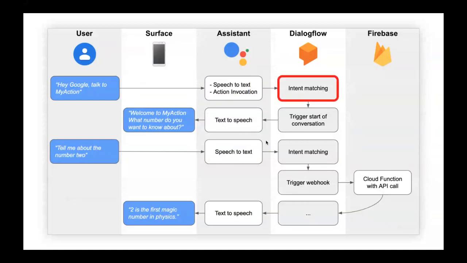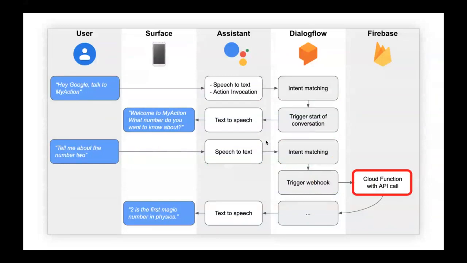This agent triggers the start of the conversation by telling the assistant to display, welcome, what number do you want to know about? Then the user gives a request containing a number, which is transmitted by the assistant to the Dialogflow agent, who matches it with a custom intent that will trigger a webhook on Firebase.